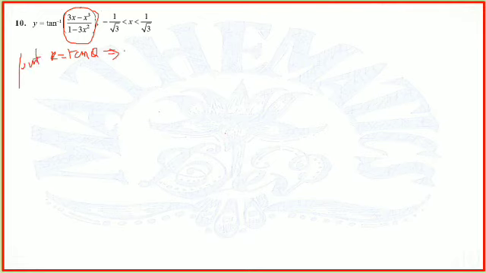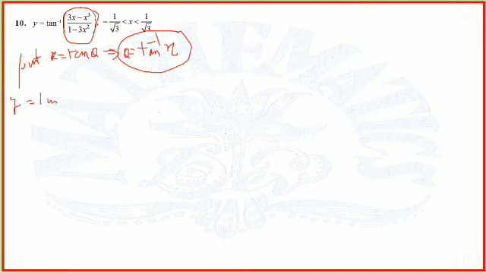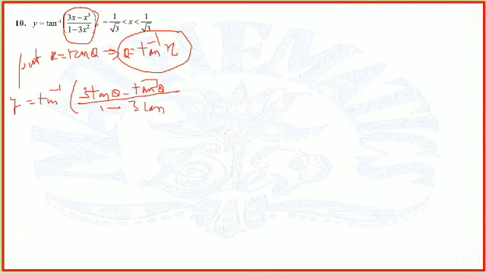So from here, substituting, put x is equal to tan theta, where theta is equal to tan inverse x, that we will put later. Now from above, y is equal to tan inverse of 3 tan theta minus tan cube theta upon 1 minus 3 tan square theta.